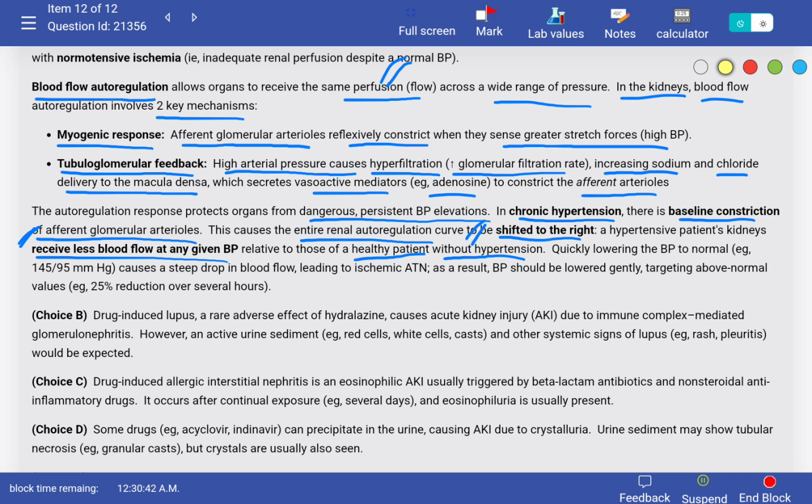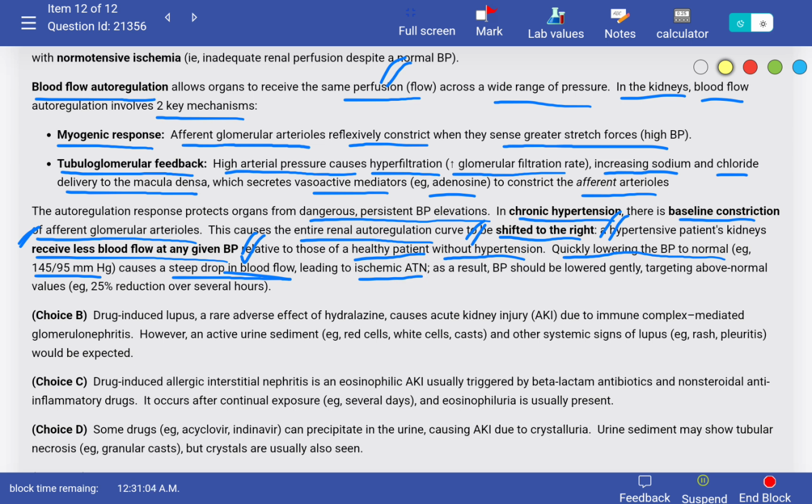Quickly lowering the BP to normal, in this case with IV hydralazine, like up to 145 by 95 mm of mercury, causes a steep drop in blood flow. The blood flow would decrease more, leading to ischemic acute tubular necrosis.